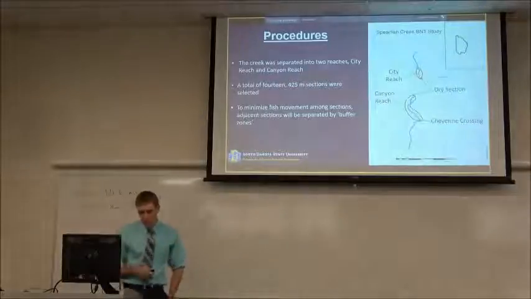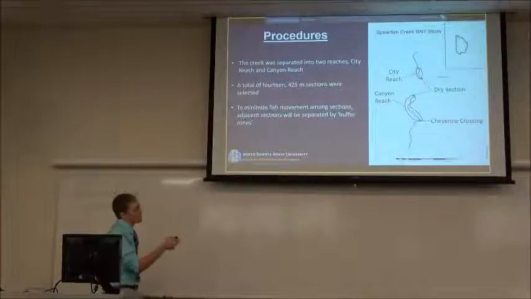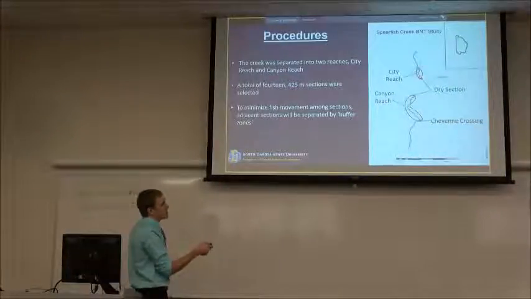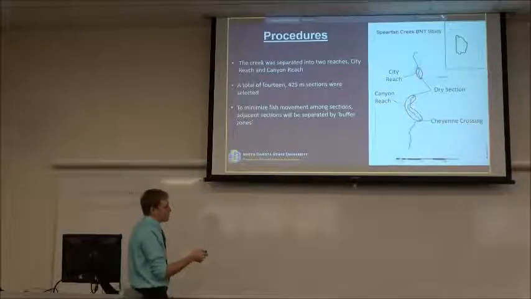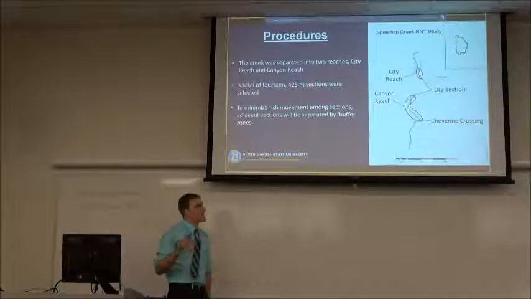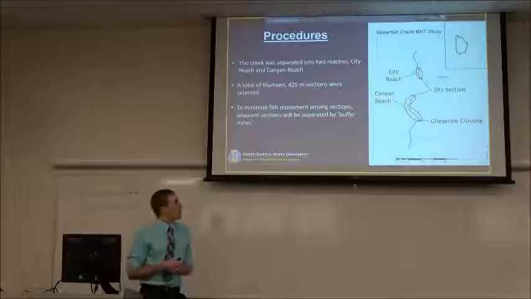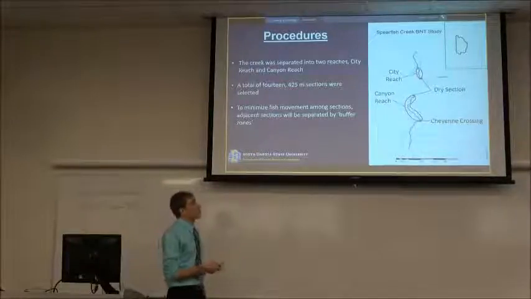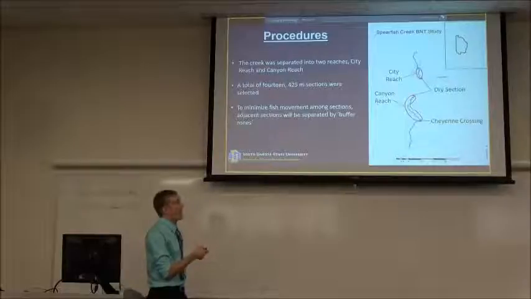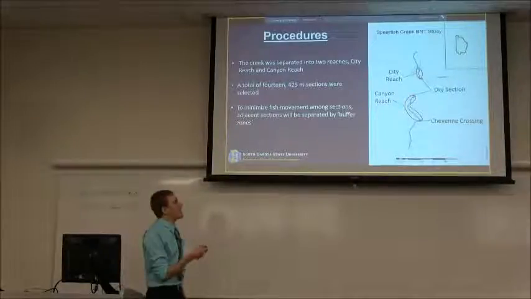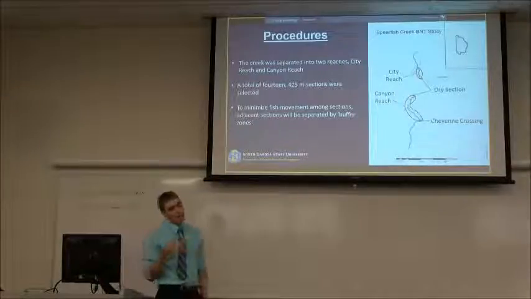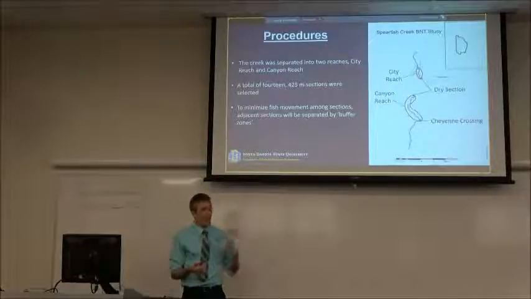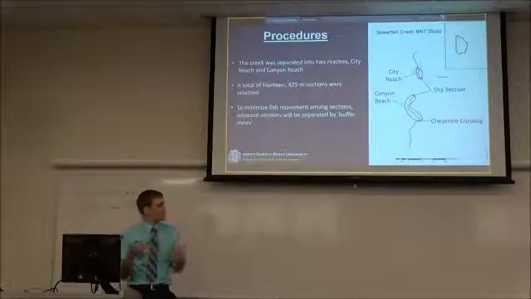So we broke Spearfish Creek up into 2 reaches, and as you can see here, the city reach and the canyon reach. Now, they're separated by a dewatered section, and there's functionally no connectivity between the two. And the dewatered section starts right here at what they call Maurice Intake, and ends down here at the southern end of that city reach at a hydropower plant, at the start of the town of Spearfish.